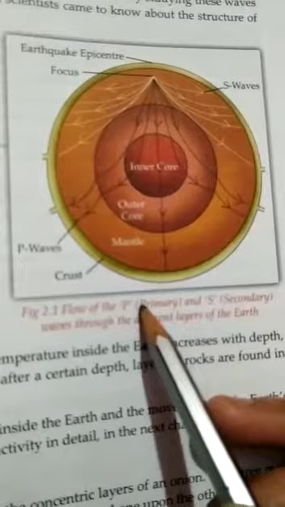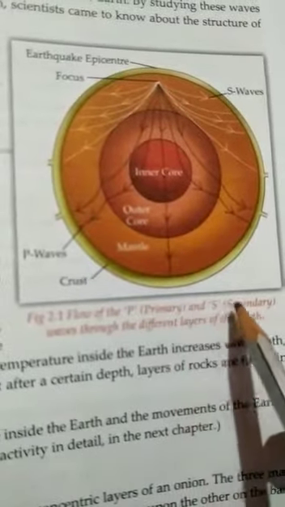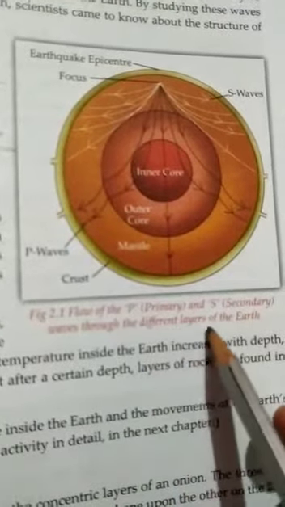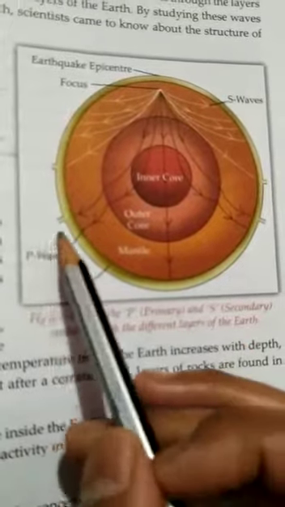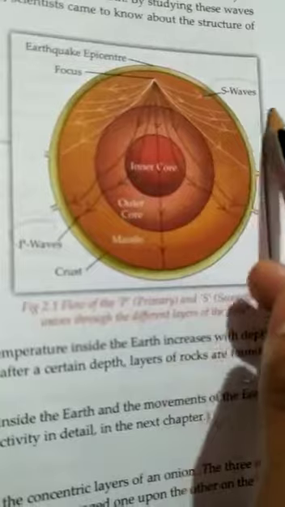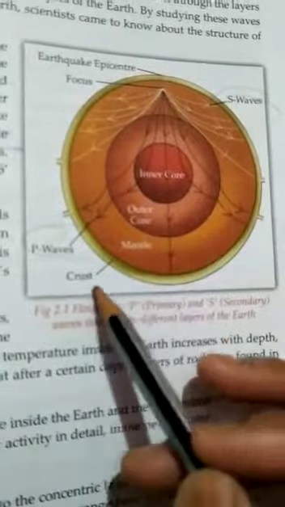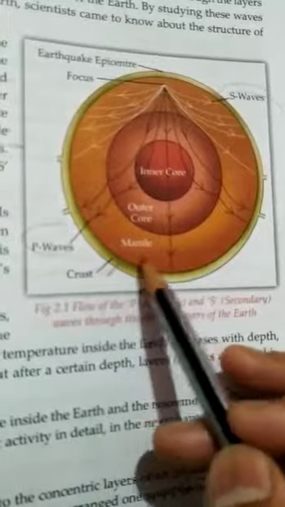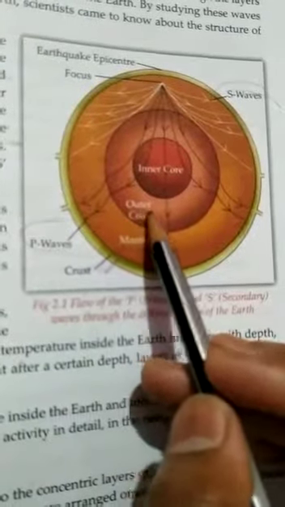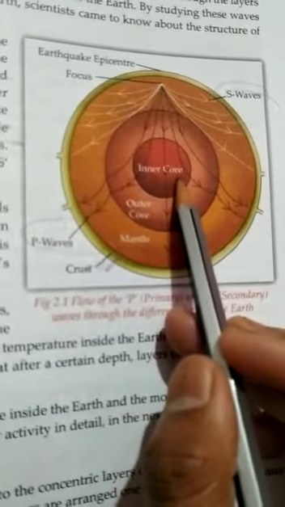Flow of P primary and S secondary waves through the different layers of the earth. This is the P waves, primary waves, and this is the secondary waves. Now this point is the focus, and this is the earthquake epicenter, and this is the crust, mantle, outer core, and inner core.